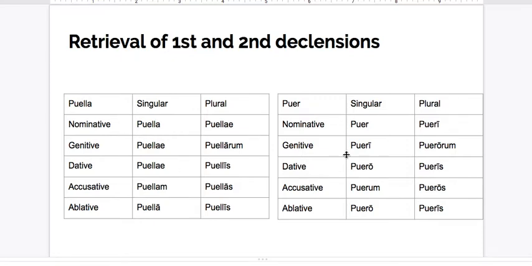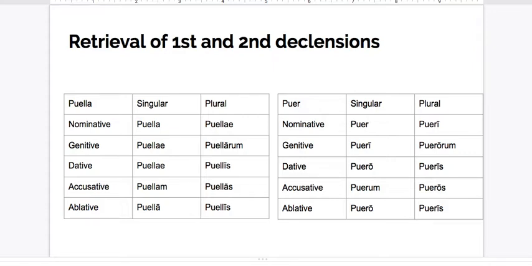You cannot put second declension endings on puella because it's a first declension word. It only ever has this one set of endings. Similarly with puer, it's only going to have these second declension endings because it's a noun in the second declension, which means that we know that it has this pattern of case endings. Just to reiterate that.